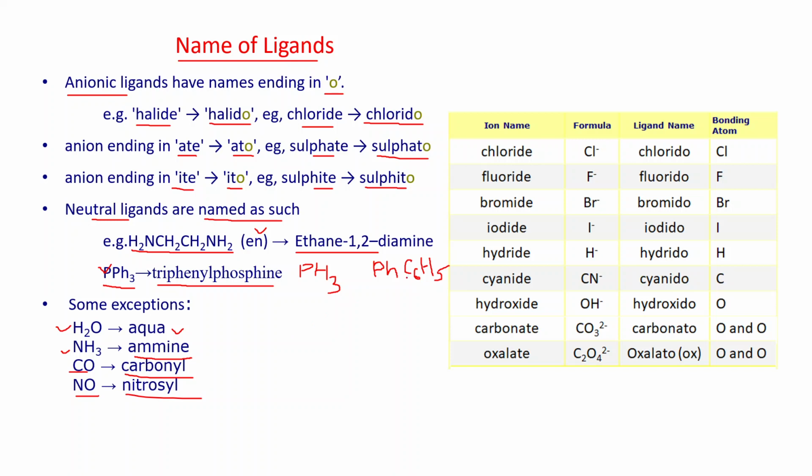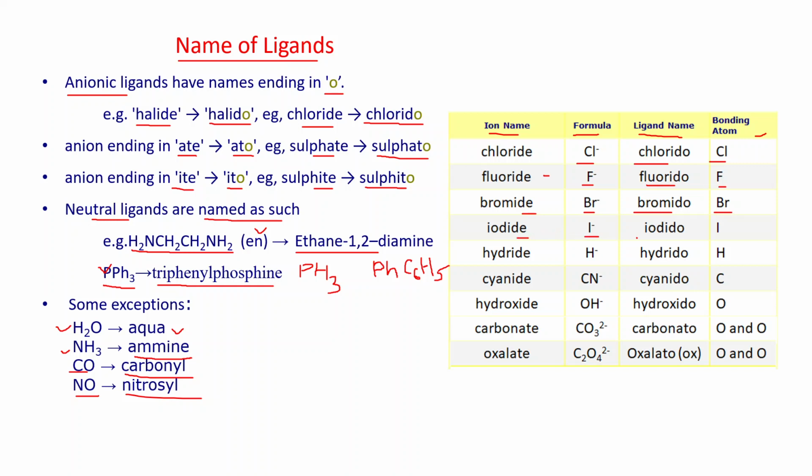You can see some more ligands in this table, and this table shows the name of the ion, its formula, and when this ion acts as a ligand, then the ligand name and bonding atom. Chloride Cl minus, chlorido, bonding atom is Cl. Fluoride F minus, fluorido, bonding atom is F. Bromide Br minus, bromido, bonding atom is Br.